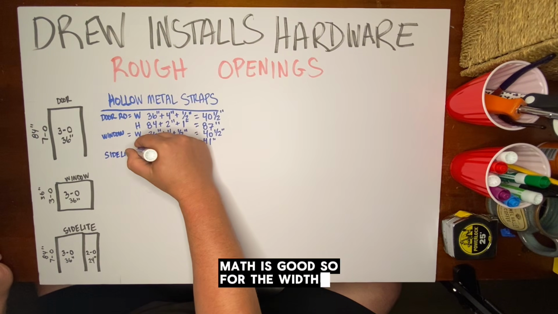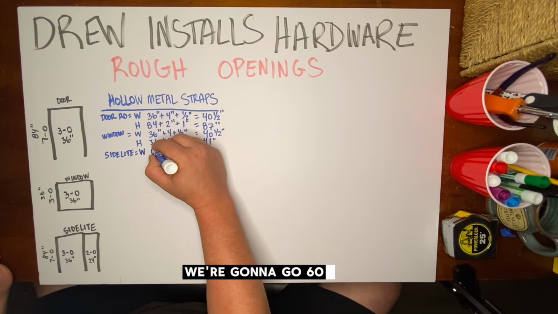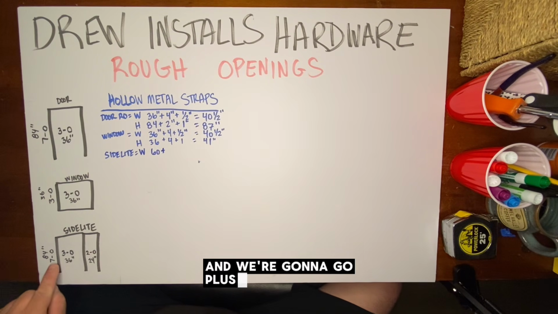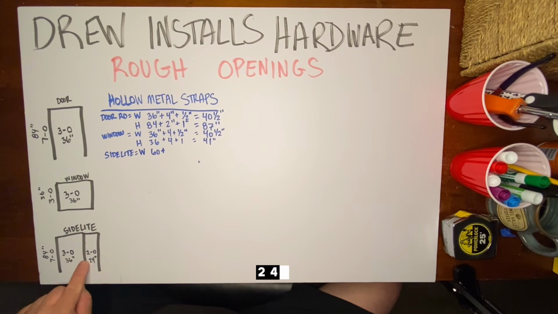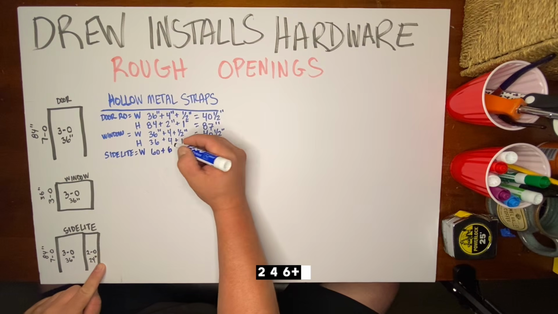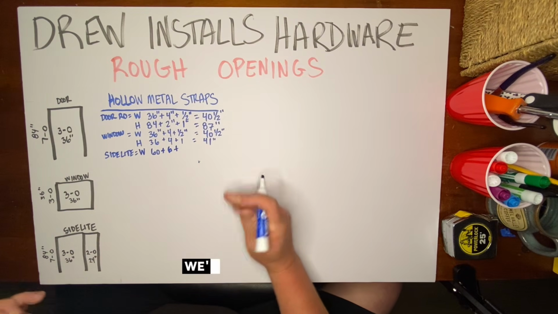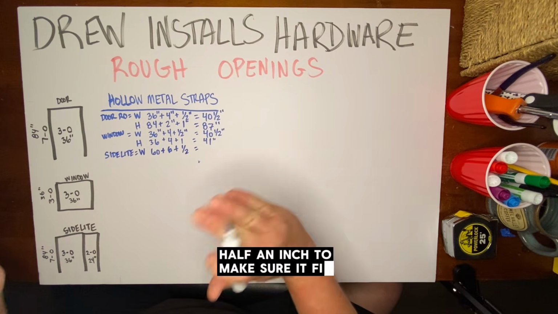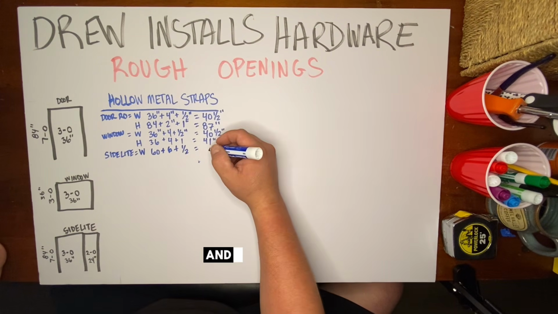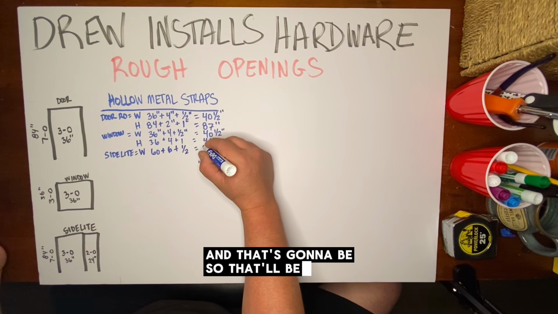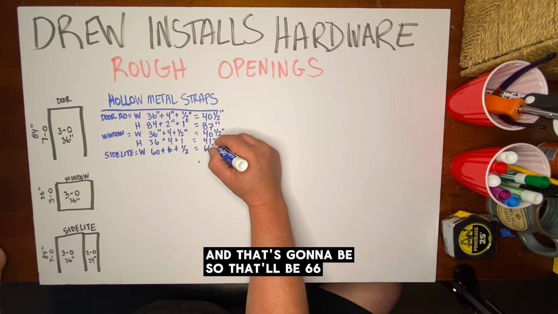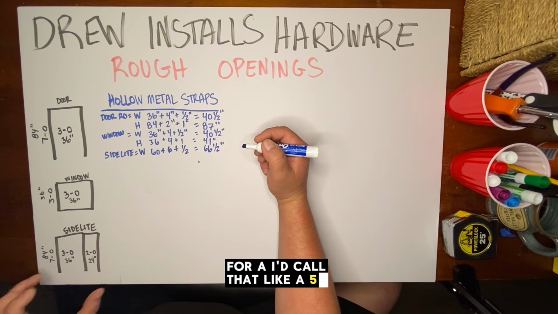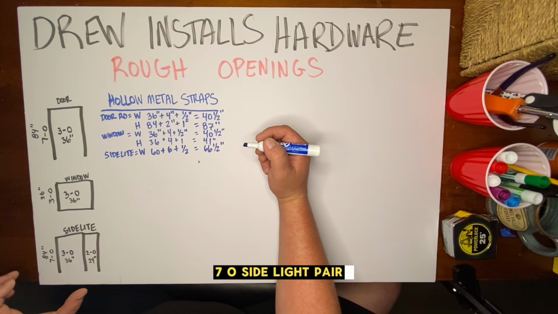So for the width, we're going to go 60 inches, plus 2 times 2, 4 inches, plus we'll give ourselves ½ an inch to make sure it fits and that we can move it around. And that's going to be 66.5 inches for the width for, I'd call that, like a 5.0, 7.0 side light pair.